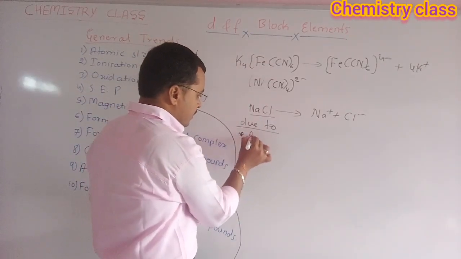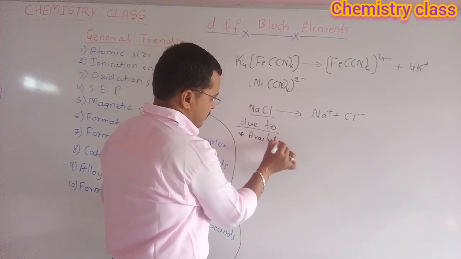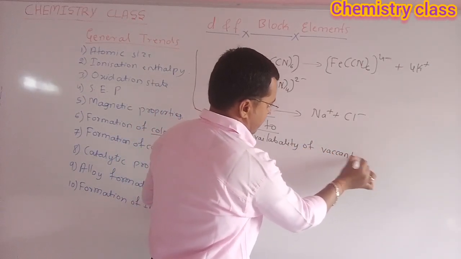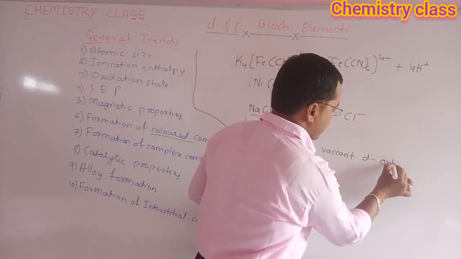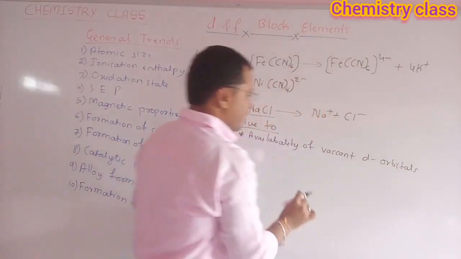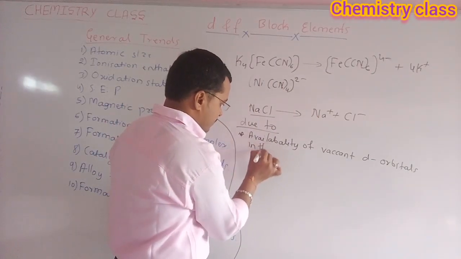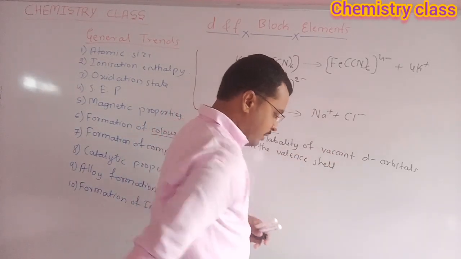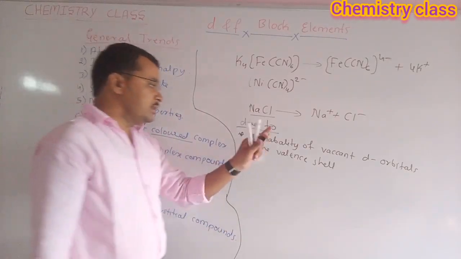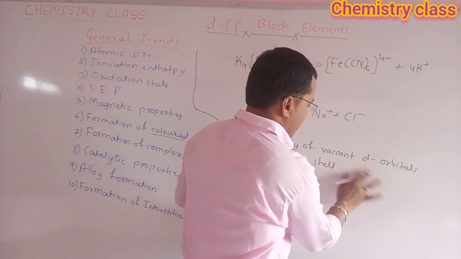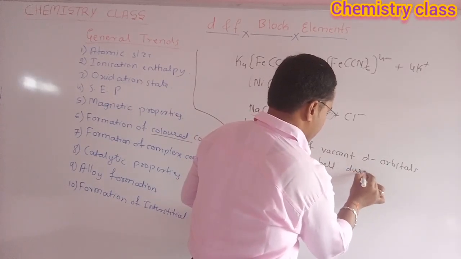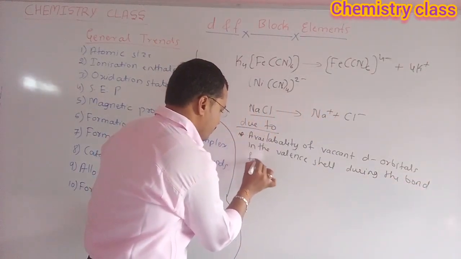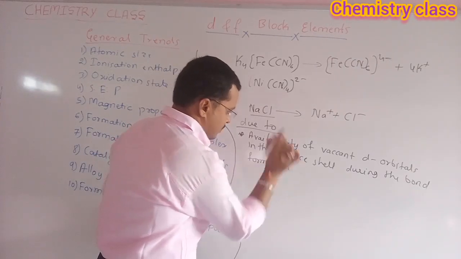First one is the availability of vacant d orbitals in the valence shell during the bond formation.